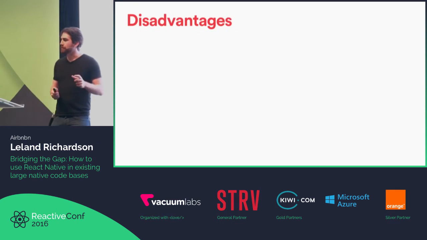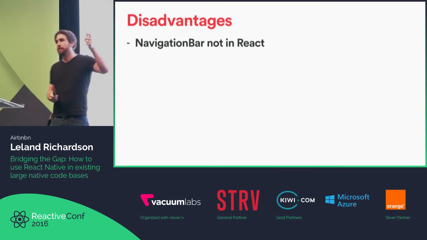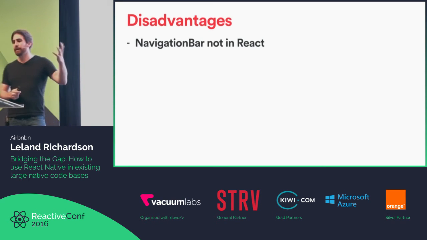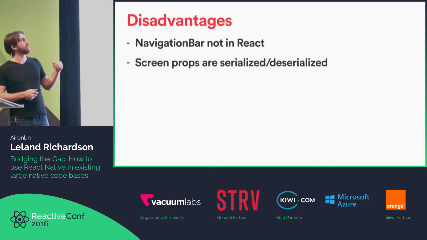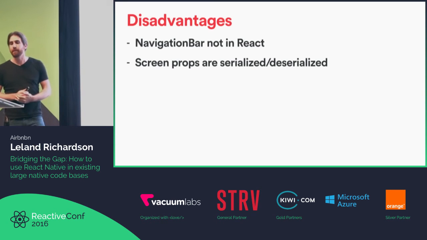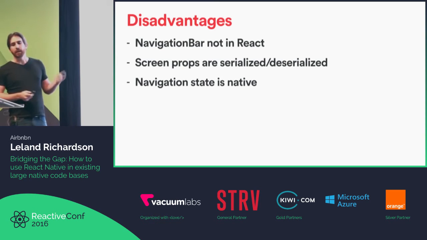So there are maybe a couple of disadvantages that are worth mentioning. One, the navigation bar is not in React, right? It's not a React component. So it sort of assumes that you already have a navigation bar that you're using. And then also screen props are serialized and deserialized. So you pay a small serialization penalty in that case, and you can't pass functions across them.